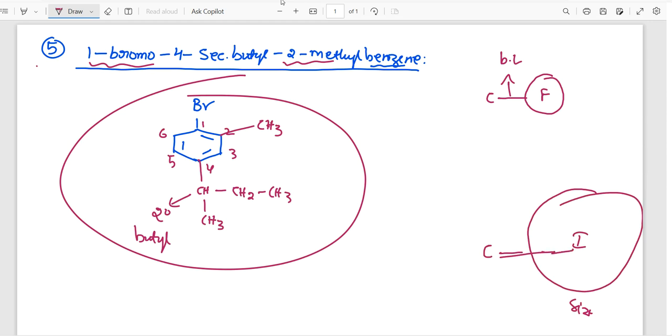The size increases, so the bond length between carbon and halogen increases, meaning the distance between the halogen and carbon increases. Because size increases, bond length also increases. The size of fluorine is very small, so its bond length is low. In carbon-iodine, the bond length is high. I hope this concept is clear to you.